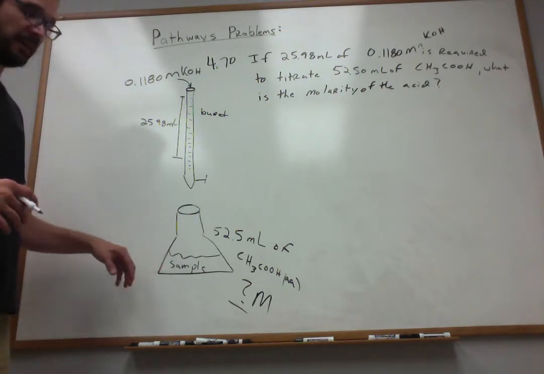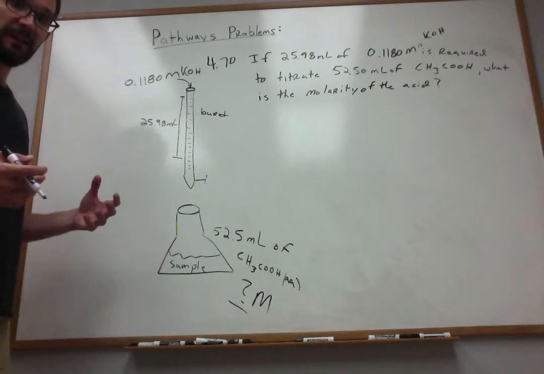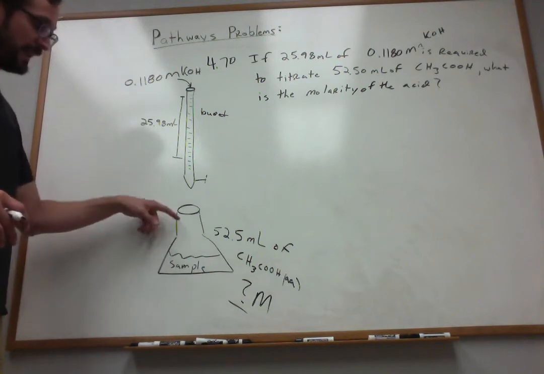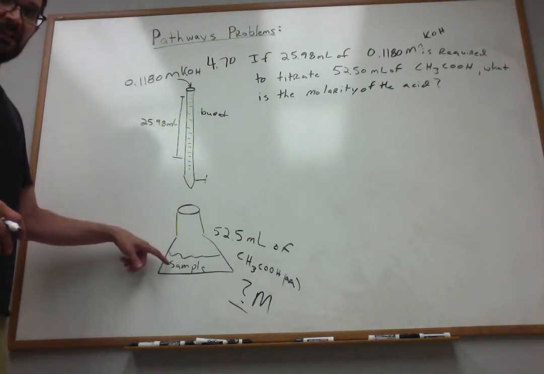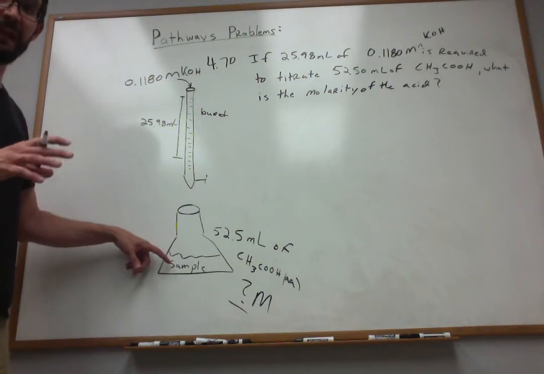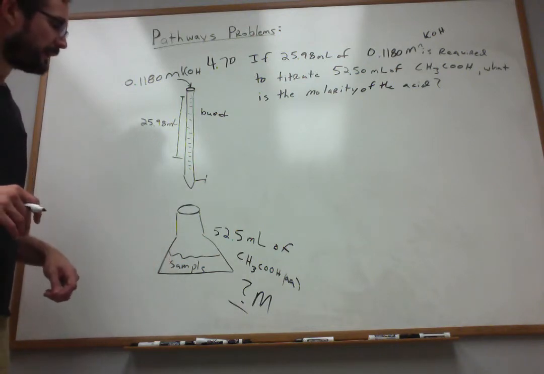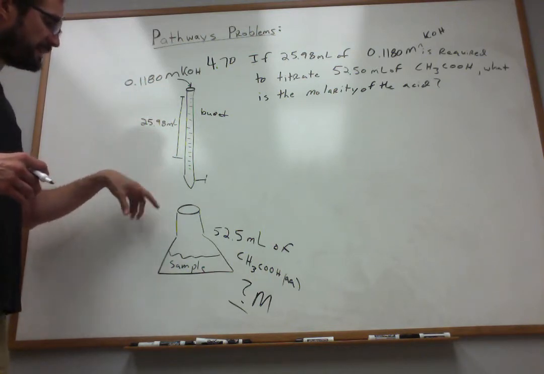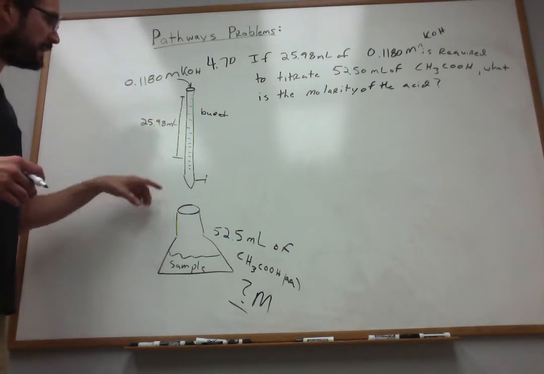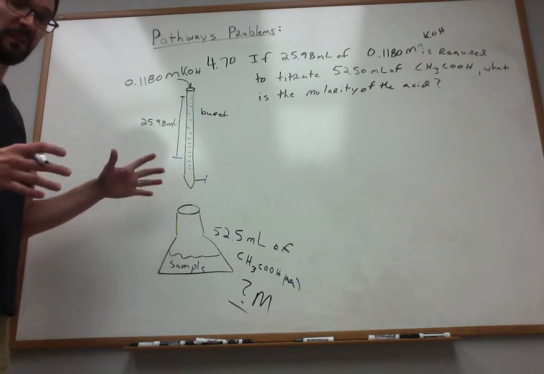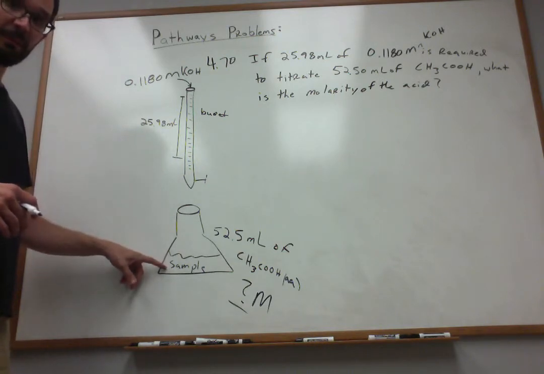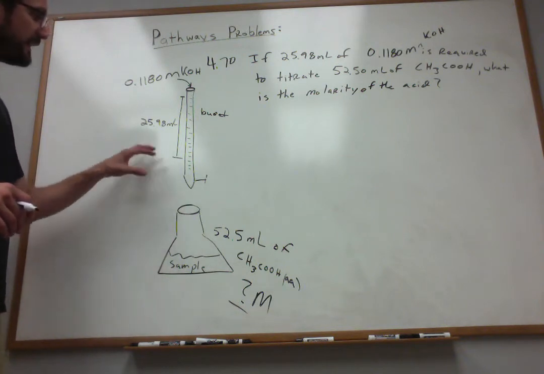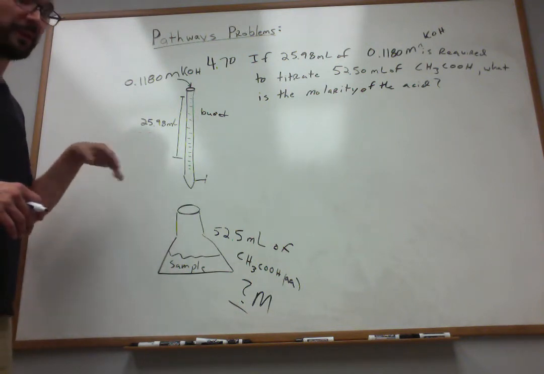Now, the way I'd figure out where the titration was over is I'd put an indicator compound into this flask. The indicator changes color when the titration is finished, when you've reached what's called the end point. So that's how I'd visually detect it. I'd very carefully add my titrant until the indicator changes color, and that would indicate the end of the reaction, the complete and total consumption of my sample through chemical reaction. In this case, that took a little under 26 milliliters.